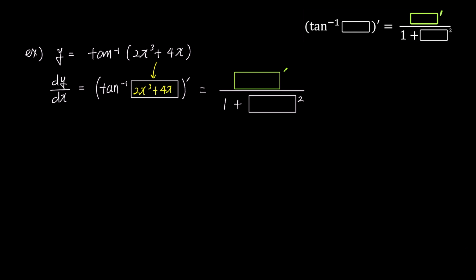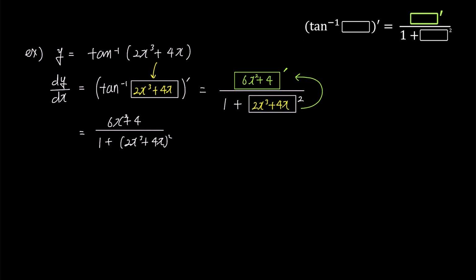Similarly, we'll put the same term, 2x cubed plus 4x, into the right white box. And for the numerator's box prime, we'll fill it with the derivative of the box, which is 6x squared plus 4. Simplifying, we have dy over dx is 6x squared plus 4 all over 1 plus (2x cubed plus 4x) squared. And we've quickly found the answer.